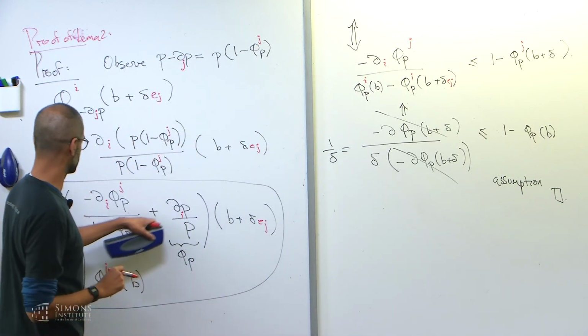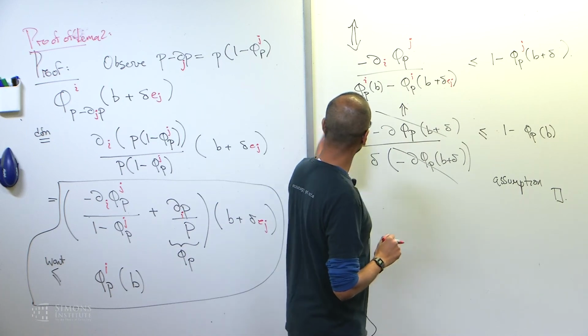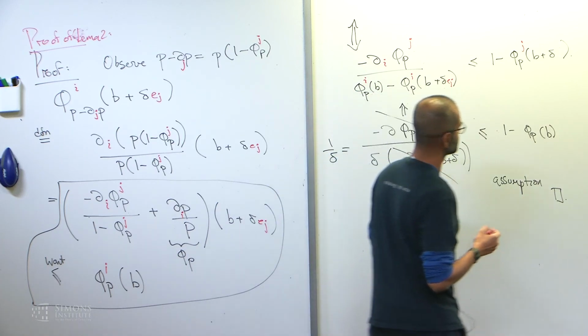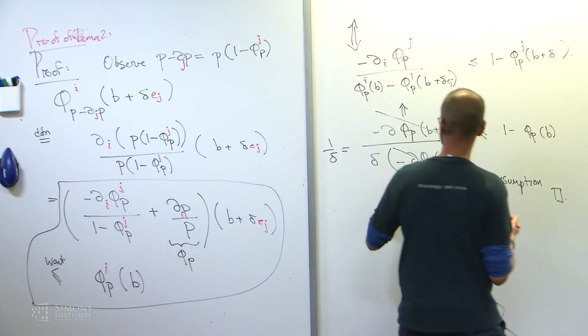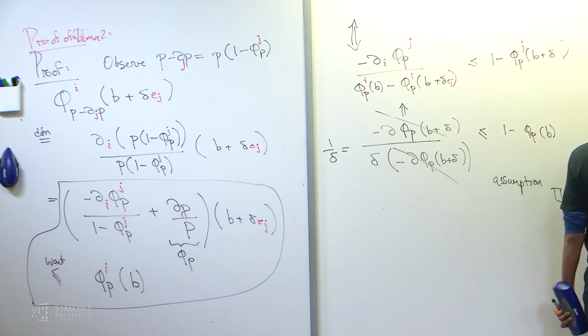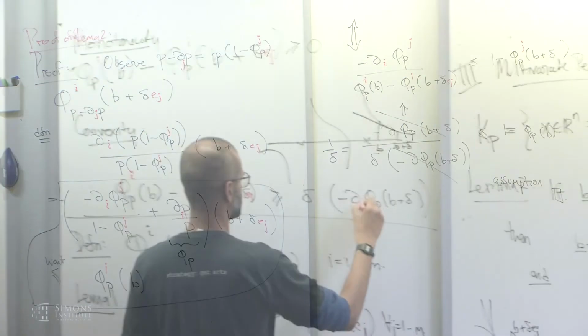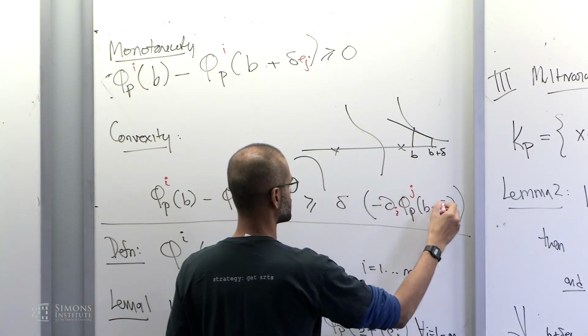So this j goes to the other side. And now to do the final cancellation, I need convexity, but I also have that, right? So I have convexity of the ith barrier function in the j direction. So now I'll get a partial i phi j.